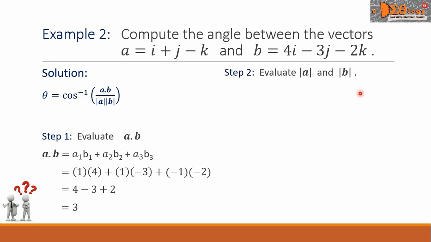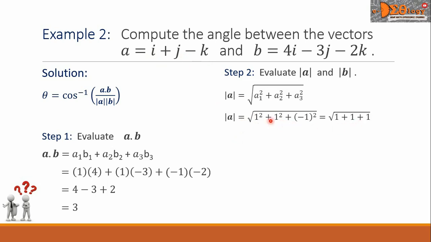Now step 2, let us evaluate the length of A and length of B respectively. Our formula for length of A is here. Let us now substitute the values. So the length of A equals the big square root of 1 squared plus 1 squared plus the square of negative 1. So 1 squared is 1, 1 squared is 1, square of negative 1 is positive 1.